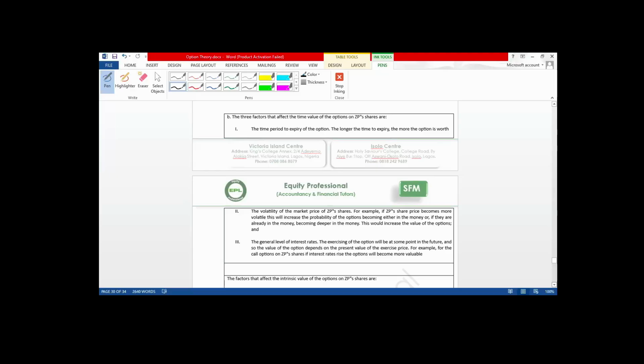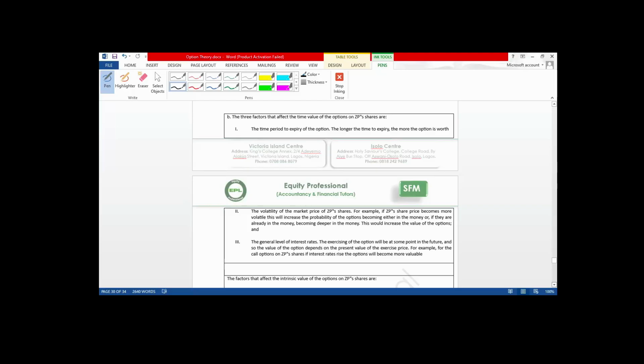Hence, the value of the option depends on the present value of the exercise price. If the interest rate fluctuates, that will affect the time value of the option.